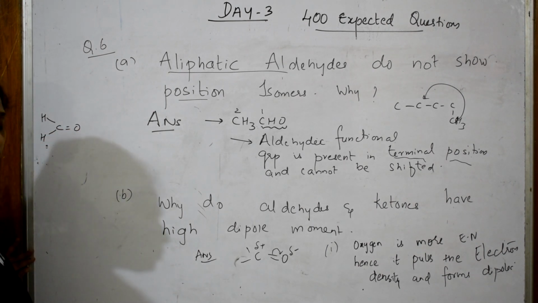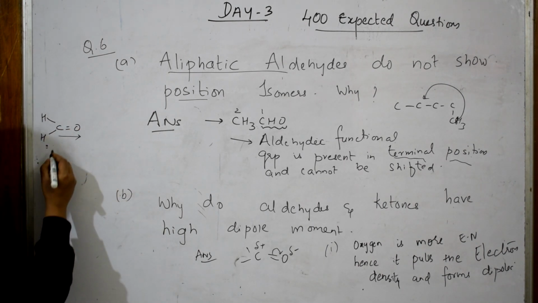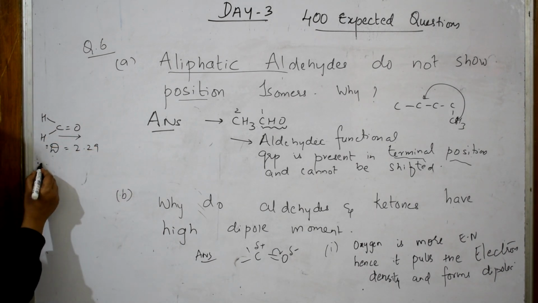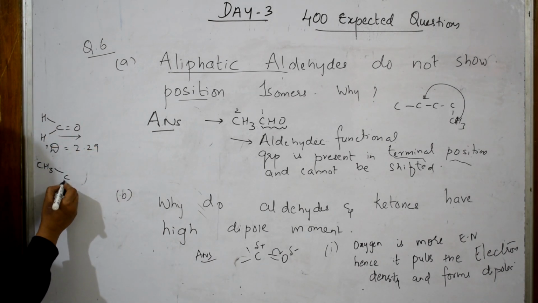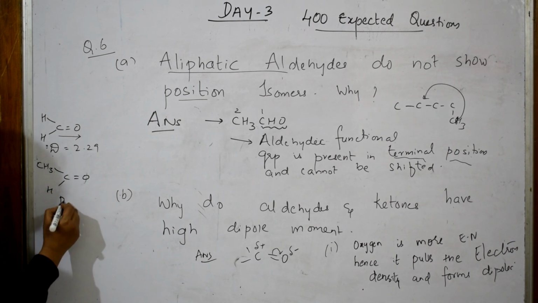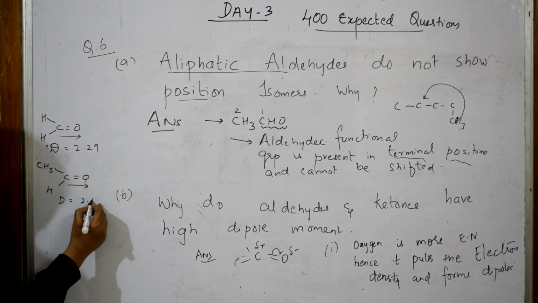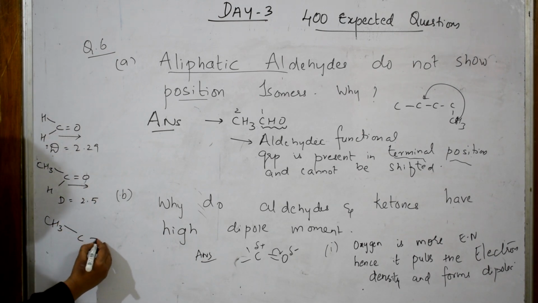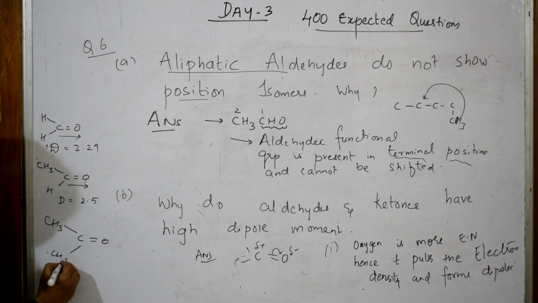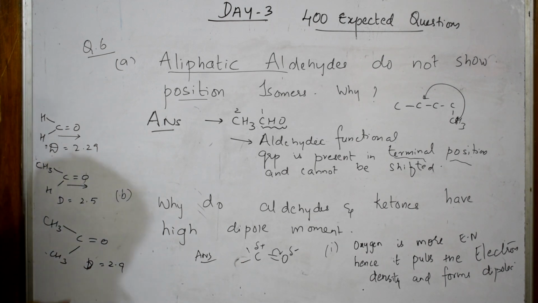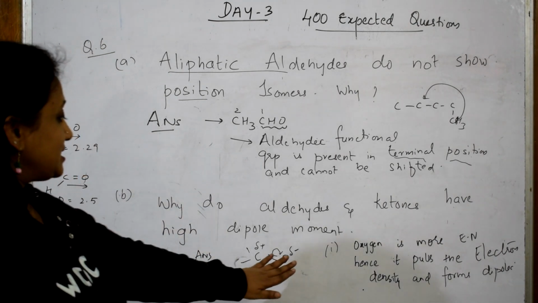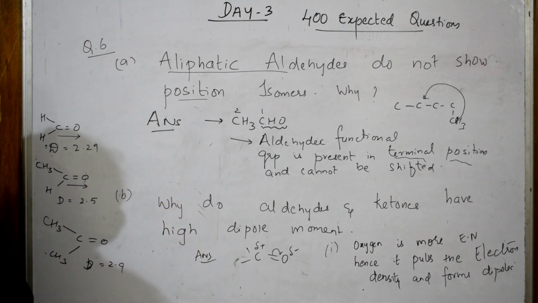You know what the dipole moment is? The electrons move towards this. The dipole moment is 2.29. If I take acetaldehyde, CH3CHO, the dipole moment is almost 2.5. If I take a ketone, CH3C=O CH3, the dipole moment is almost 2.9. Why? Because of this oxygen atom. So, simple questions, 1 and 2 are over.